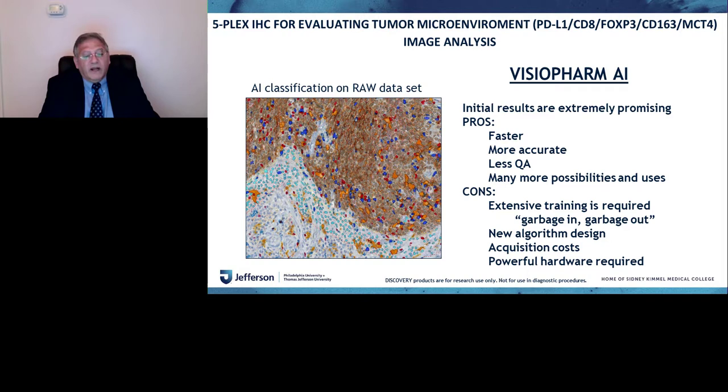If we are going to analyze complex images with multi-parameter questions, nowadays AI is the way to go. Of course, you have to consider that this is not a cheap proposal. You have to have powerful hardware, very good graphic cards, and of course there is an initial cost for the AI module.